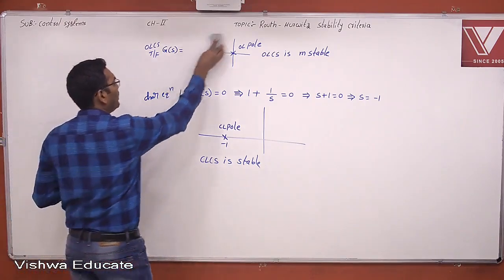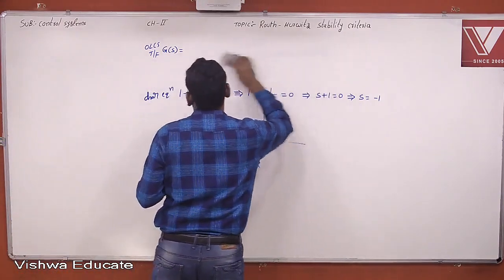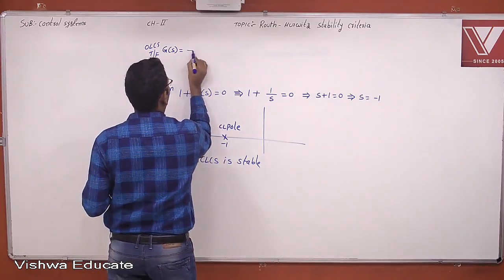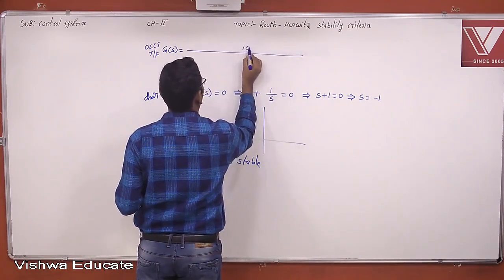Now in the same manner, I ask one more question. Find the stability of the closed loop control system.